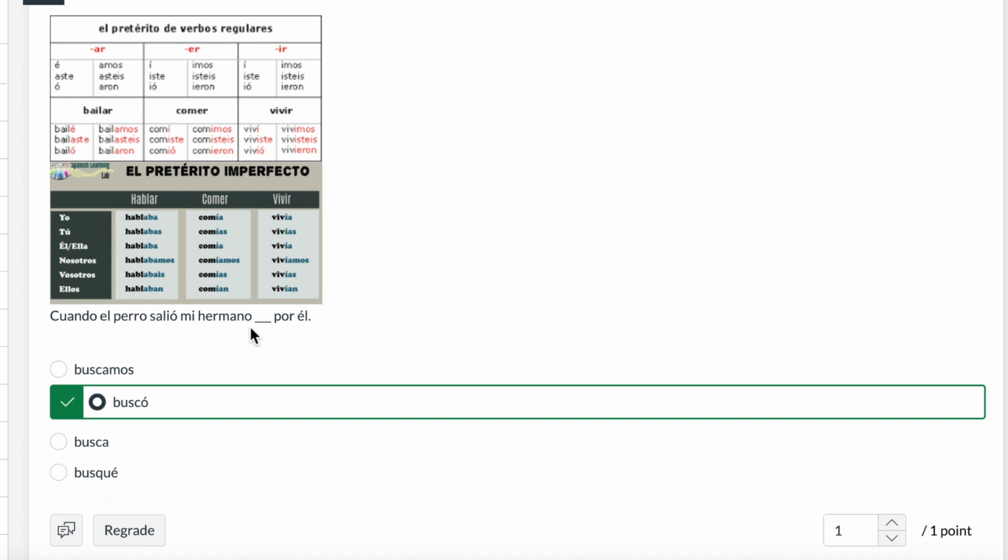So buscamos would be we searched for. Buscó would be the answer. He searched for. Busca would be present tense, so that's no way because we're in the past tense. And then busqué is I searched for. But we're talking about my brother, so buscó.